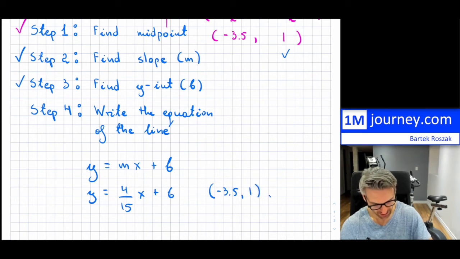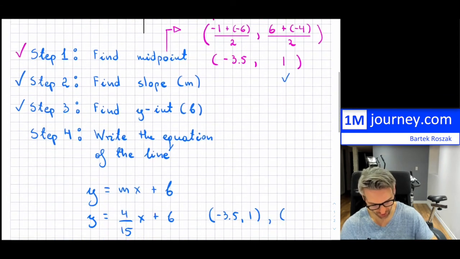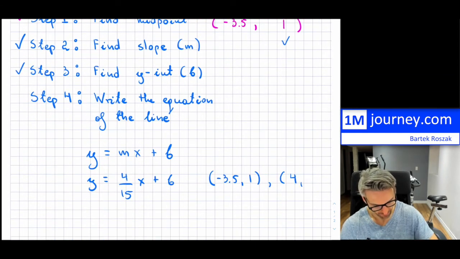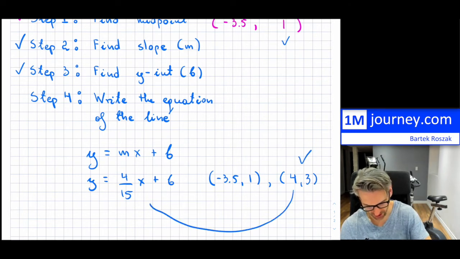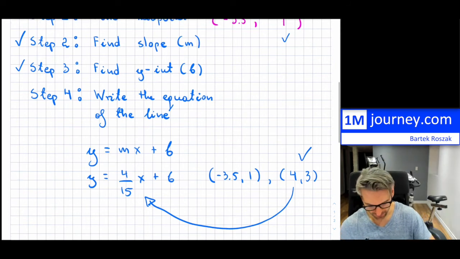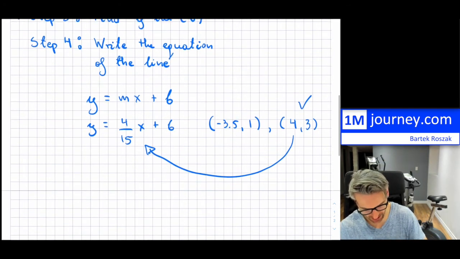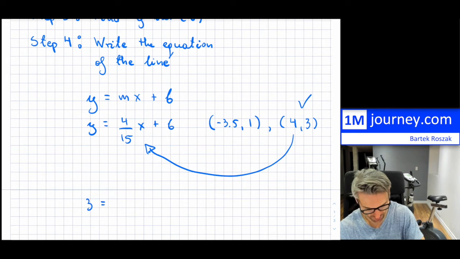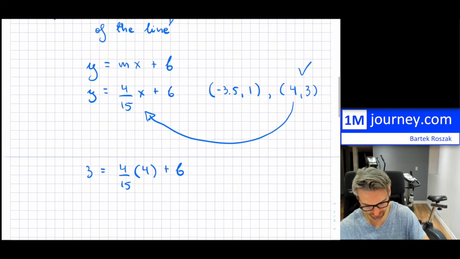And then I also have the vertex, and that was 4, 3. I like this point a little bit better, so I'm going to substitute this in here to find my b, my y-intercept, because I don't want to deal with that decimal value of negative 3.5. So let me substitute that in here. So this is my y, which is 3, equals 4 over 15, my x, which is 4, plus b.